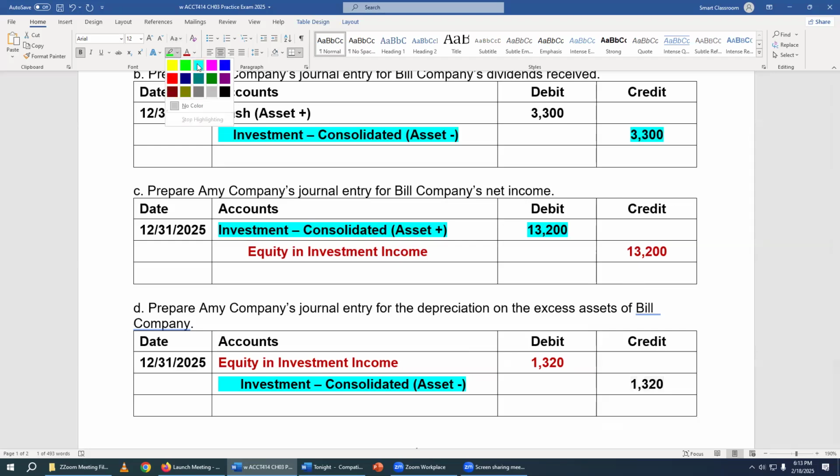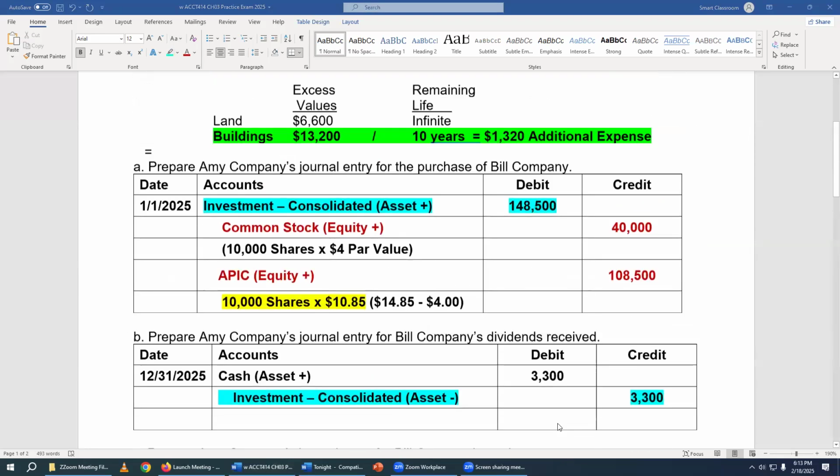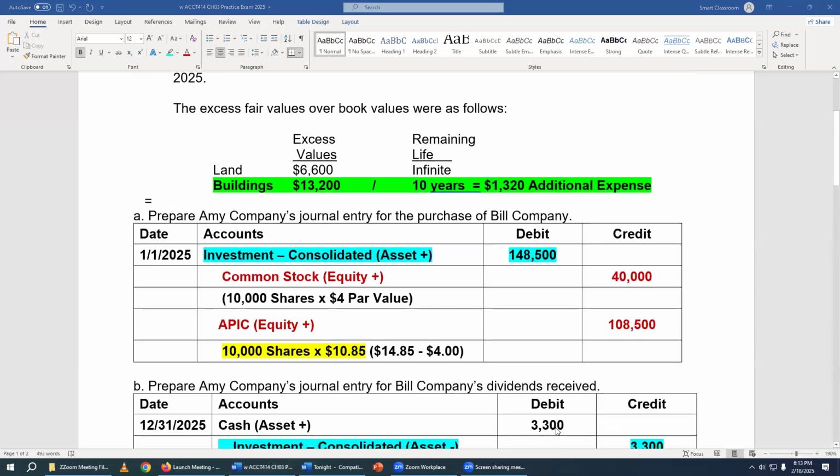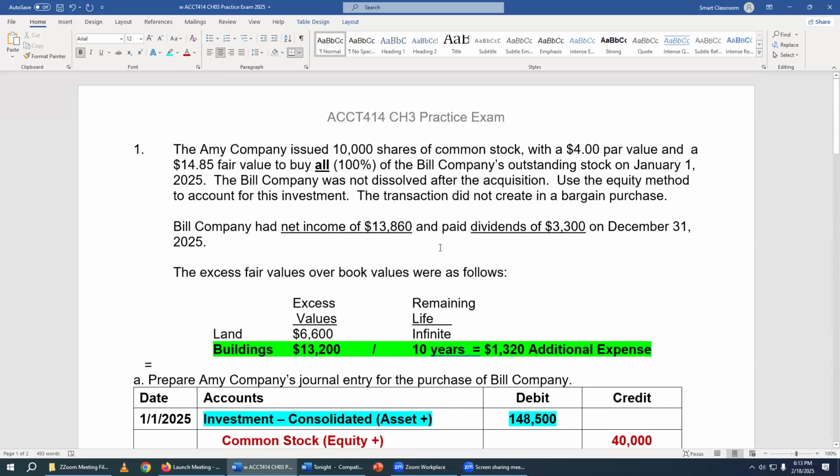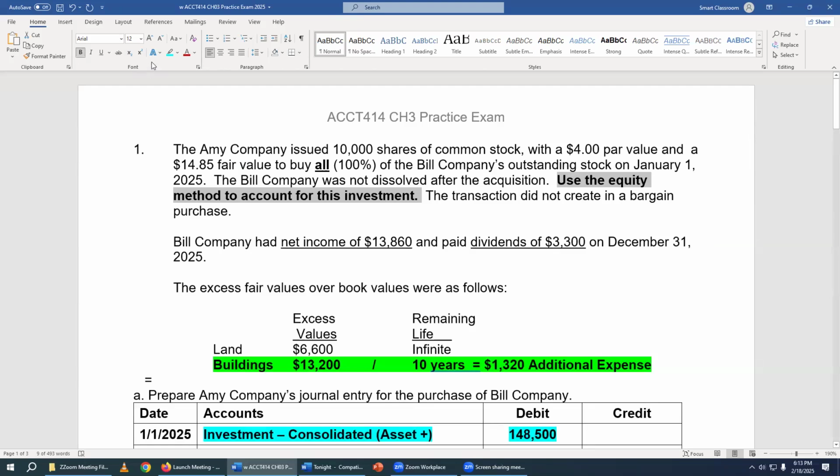So again, if you remember back, way back 3 weeks ago, when you were doing the equity method, and that's usually the method that we will use, is the equity method. So it's right here, use the equity method. Which is commonly what you would use on it.